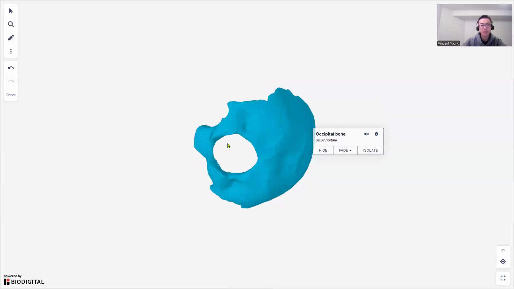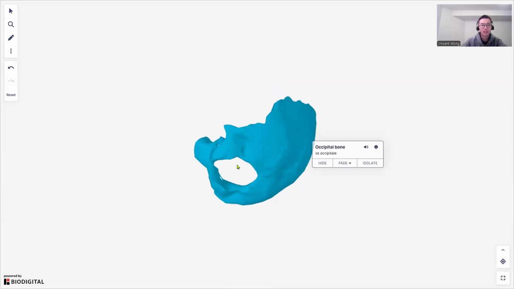What comes out of this big hole at the base of your skull? You must know, right? Come on, everybody. What structure is going to come out of there? The brainstem, the spinal cord. That's right.